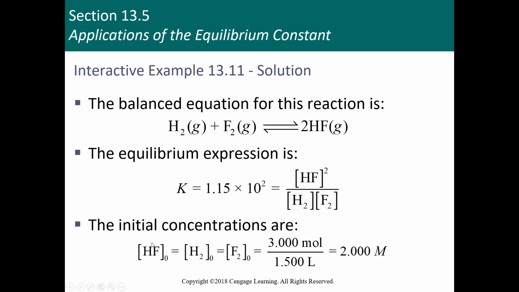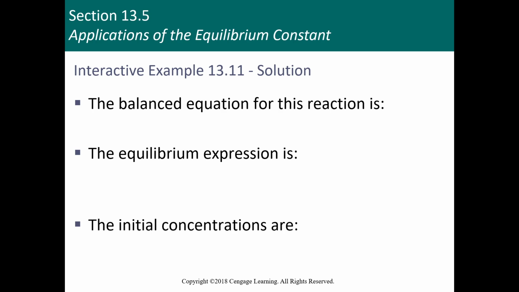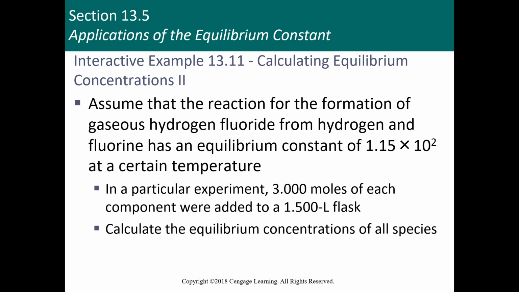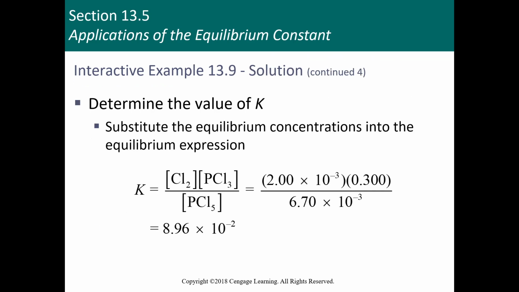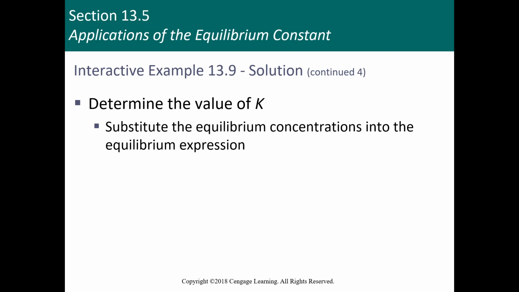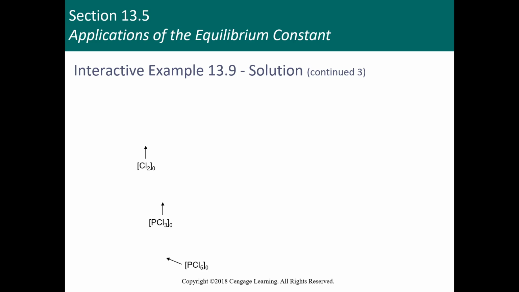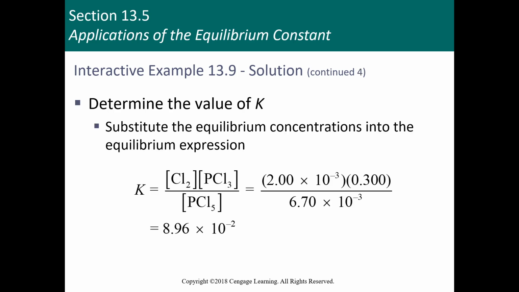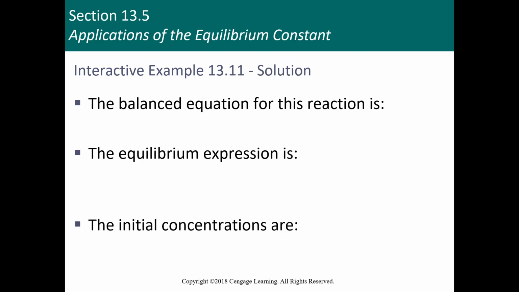If you would like, I can't do this worth a damn on my computer. It just does not turn out right, and it just becomes more confusing. But in many ways, the easiest way to do these problems is by taking this equation right here, writing it on a piece of paper, writing I, C, E next to it, and then writing your initial concentrations here, your changes here, and then your equilibrium concentrations here.